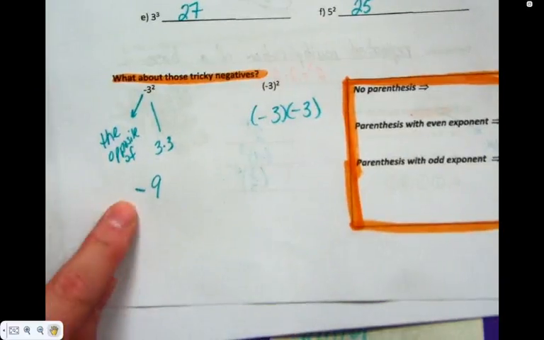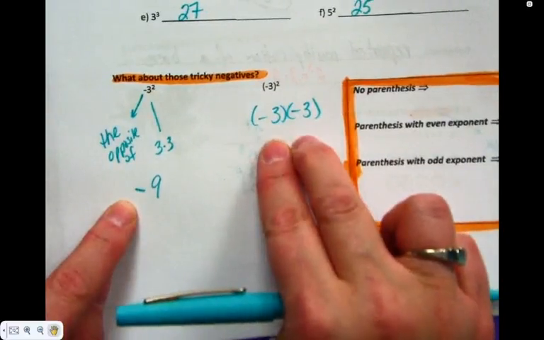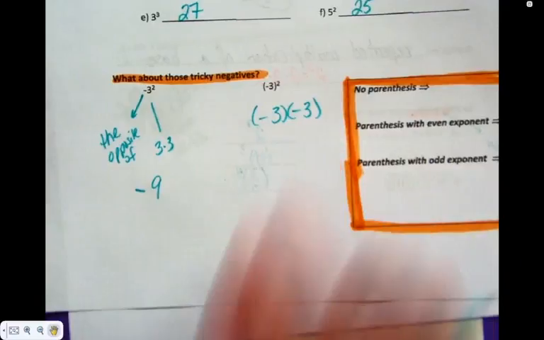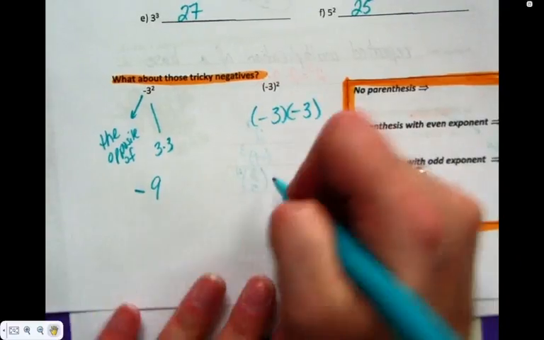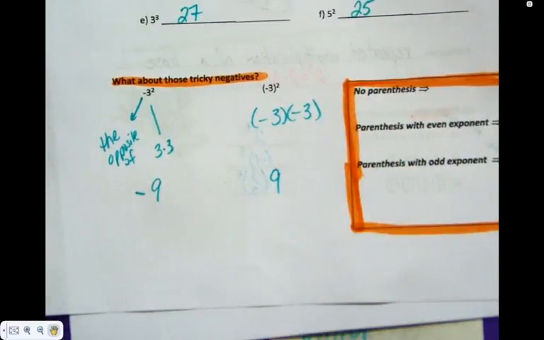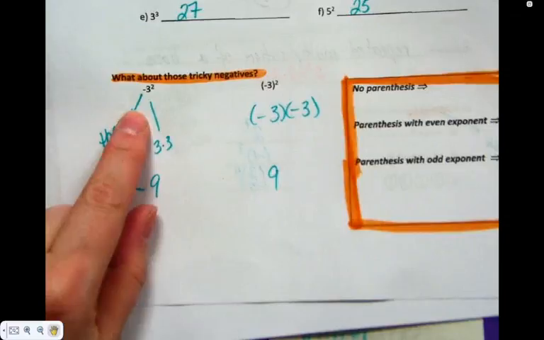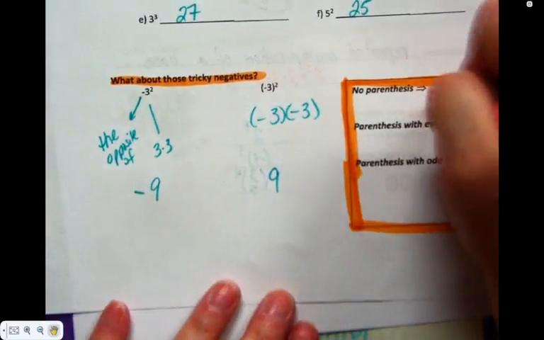The left hand had 1 negative. How many does this one have? It has 2. And what happens when we do a negative times a negative? Turns out to be a positive. So if there are no parentheses, like example number 1 or the left-hand side, the answer will be negative.